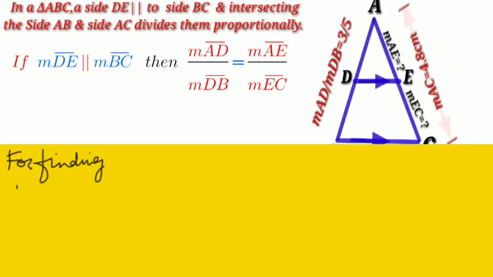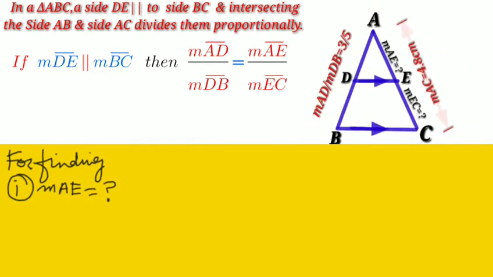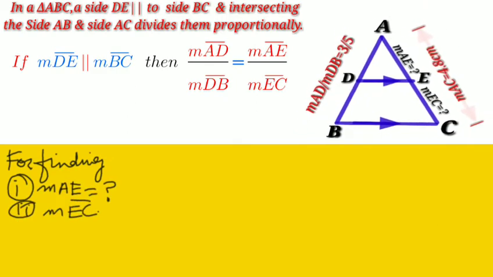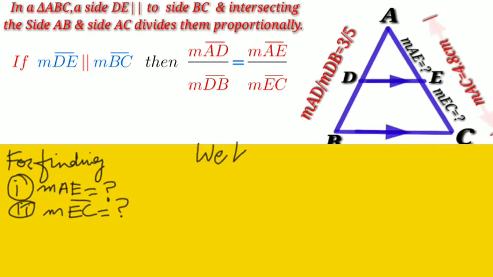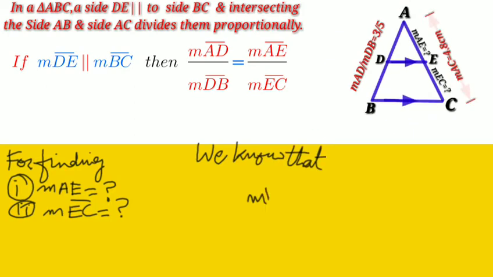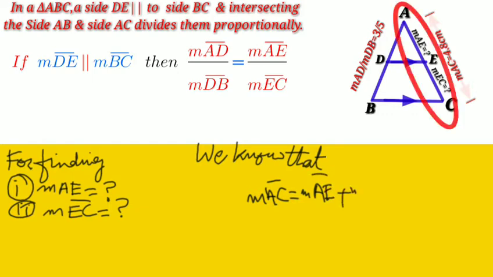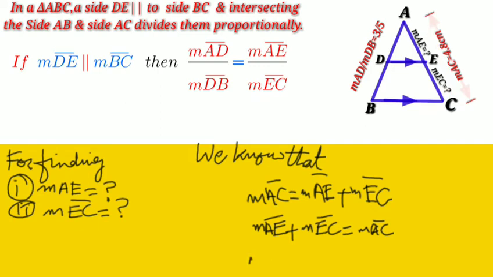For finding the side AE and side EC, we know that side AC is equal to side AE plus side EC. It can also be written as side AE plus side EC is equal to side AC.